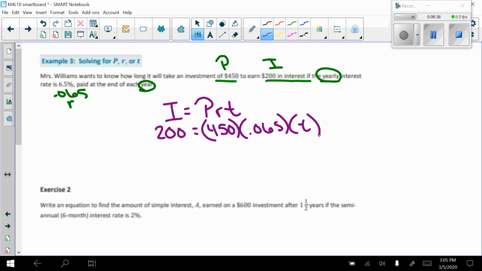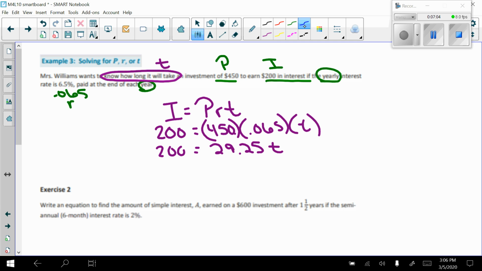And that is what it's asking. How long will it take? Is the T. So I know that when two numbers are touching, like the 450 and the 0.065, I'm going to multiply. So 200 equals 29.25 T. 450 times 0.065 equals 29.25.